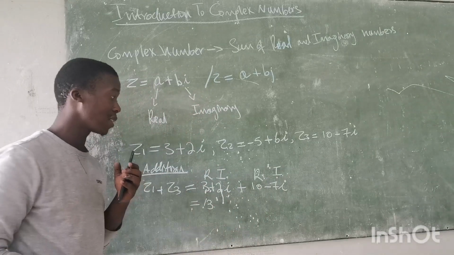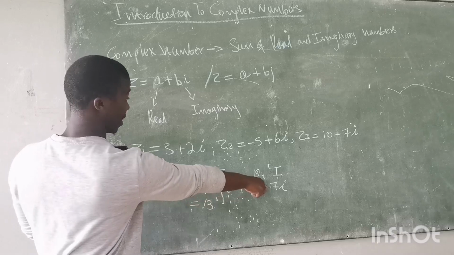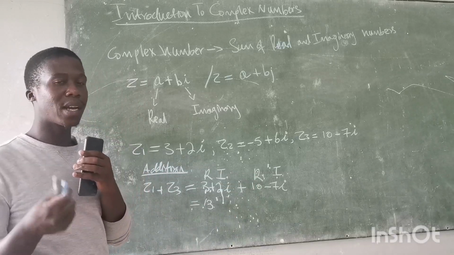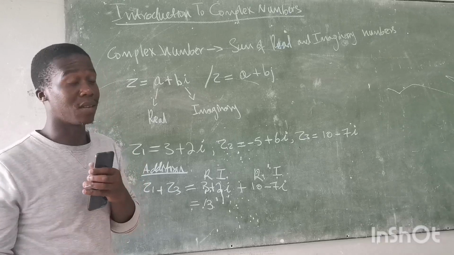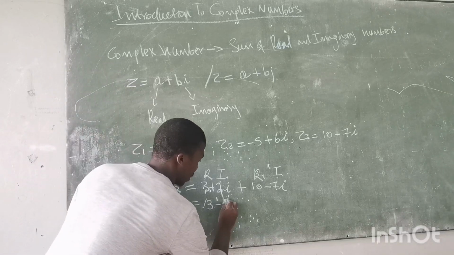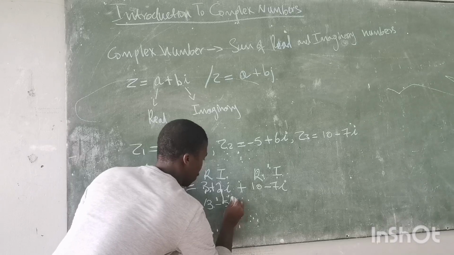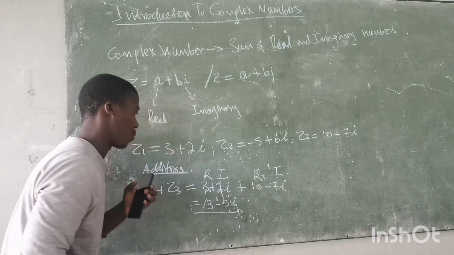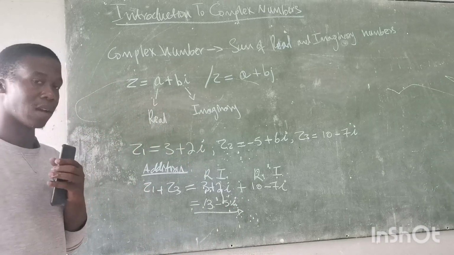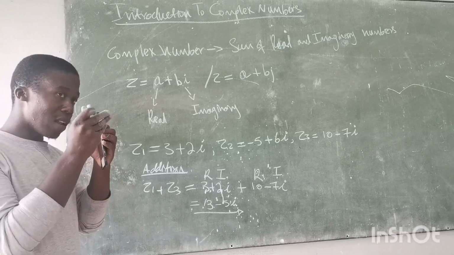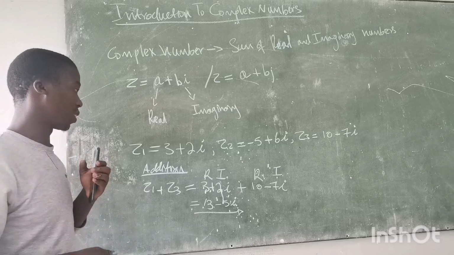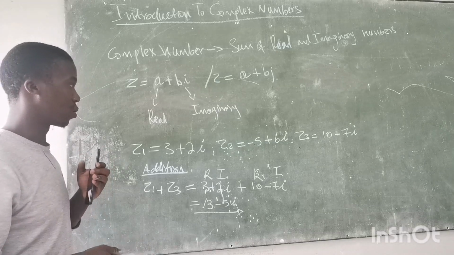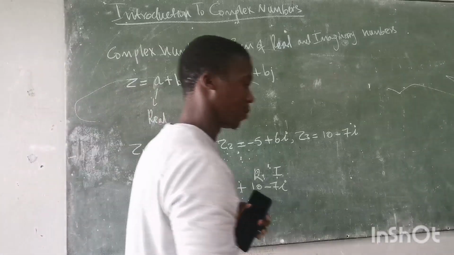Take note of the signs, guys. That is positive 2i and that is negative 7i. So 2i minus 7i is going to give us negative 5i. So that is how you add complex numbers. Real parts go together and imaginary parts go together. Don't forget to take note of the signs.